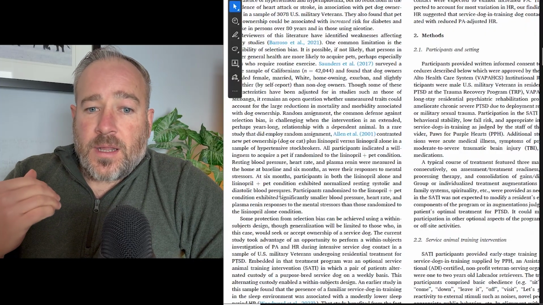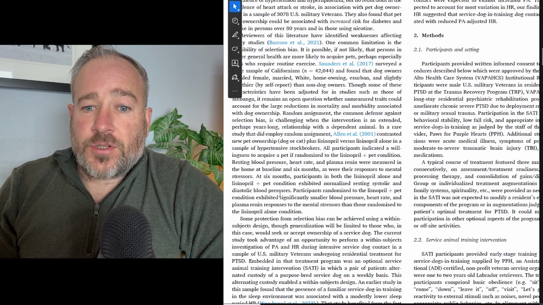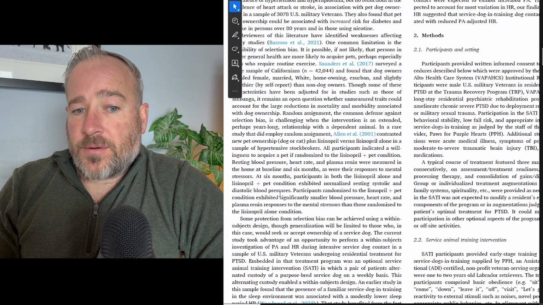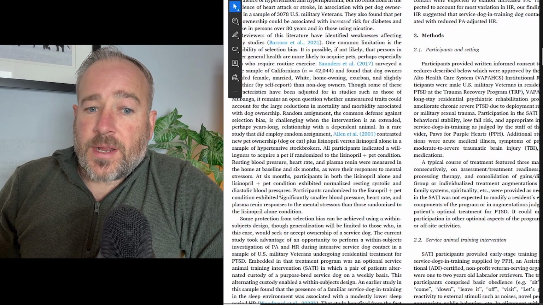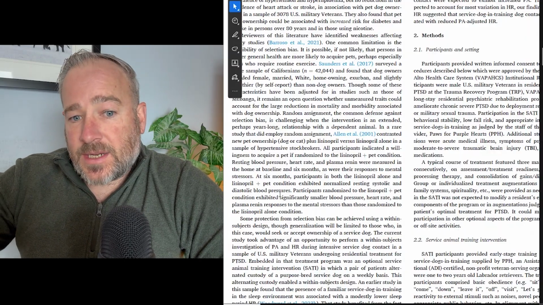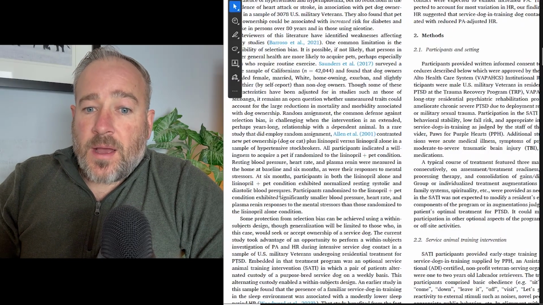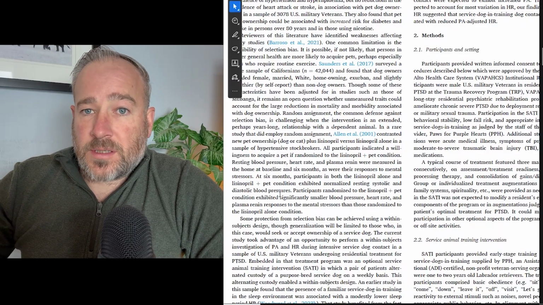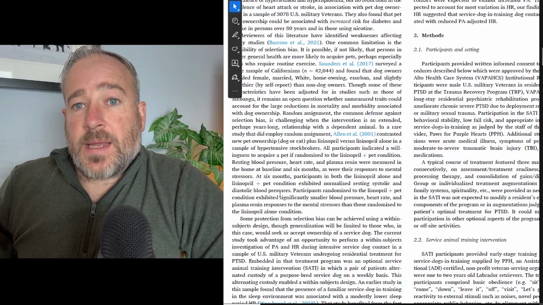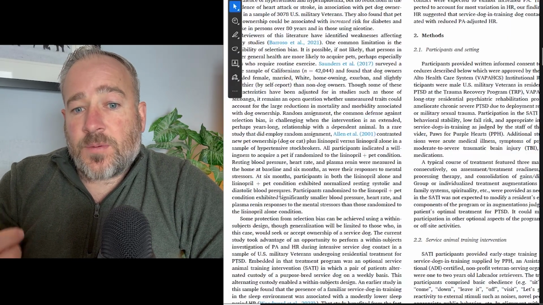The second key idea is that dog ownership is associated with better cardiovascular outcomes. And the third is that many prior studies have a big problem, and they name that as selection bias. So the key insight is this: maybe healthier people are more likely to own dogs in the first place. So we really have to account for that selection bias in this study.